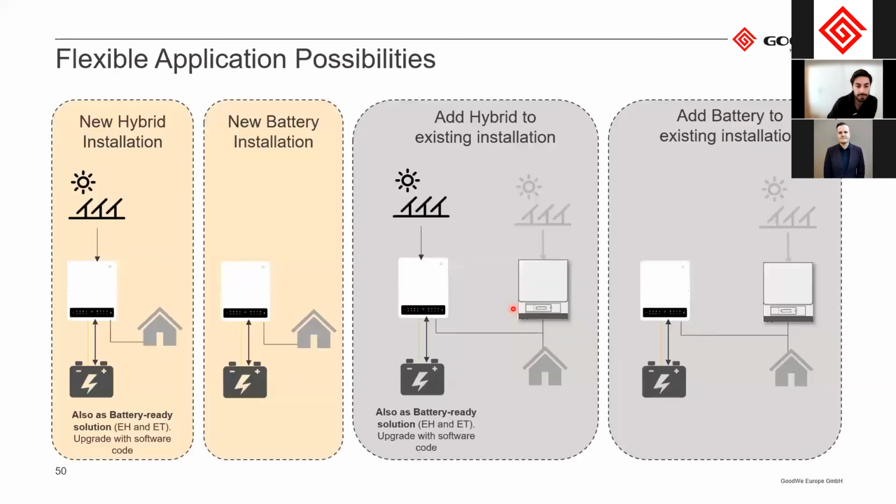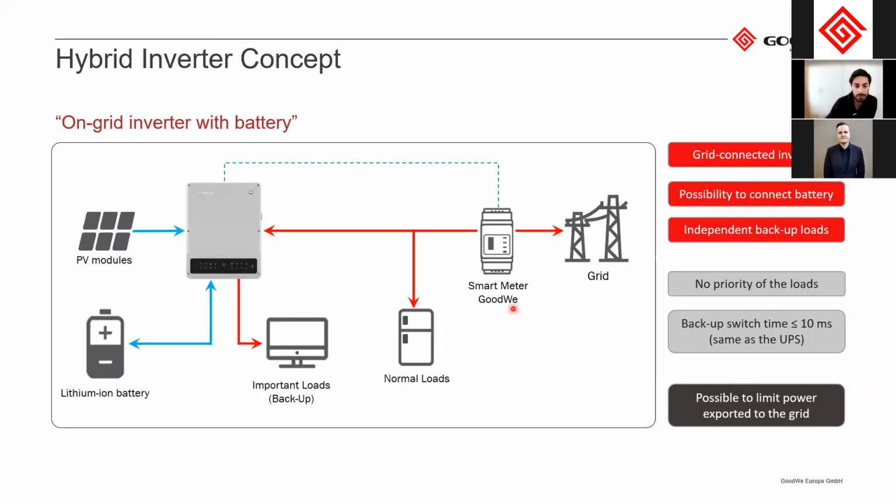If the grid fails, then this line here will go gray and will not work. This means that the normal loads connected here will no longer work, because the inverter needs to disconnect from the grid in case there's any grid failure. However, the loads on the backup output will be isolated and will still be powered by the battery and the PV modules as long as there's enough energy.